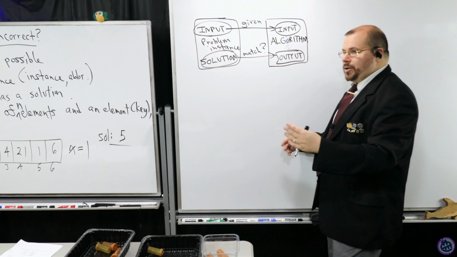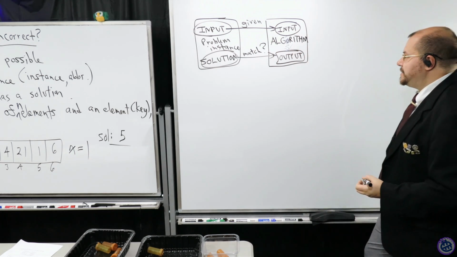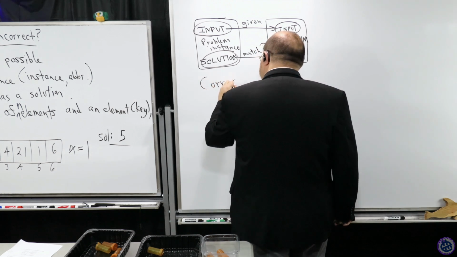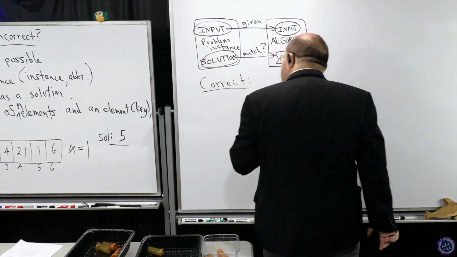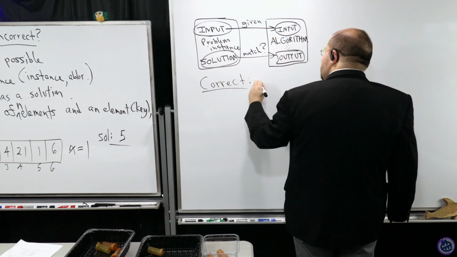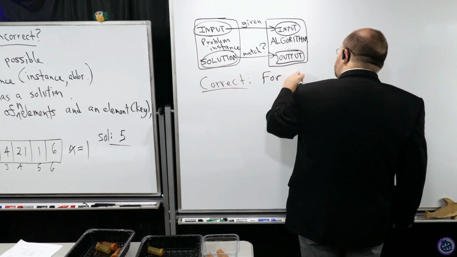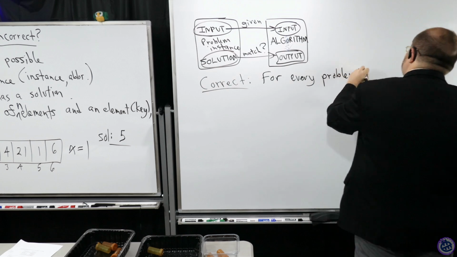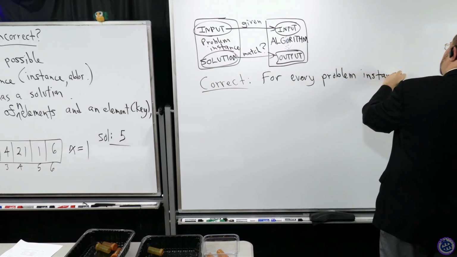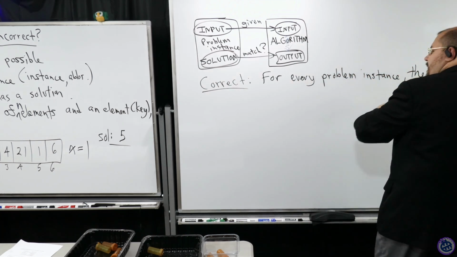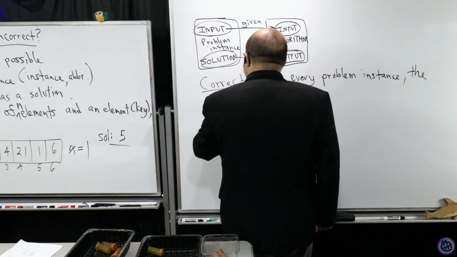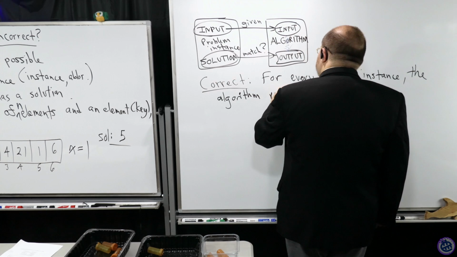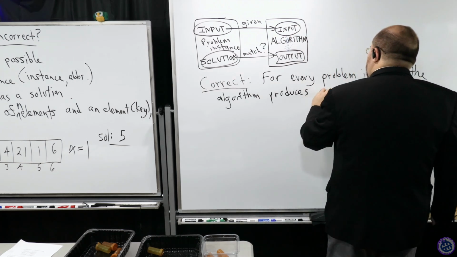Now let's put this in broader terms to make this a little easier for us to understand. So for an algorithm to be correct, it has to be that for every problem instance, the algorithm produces correct output, right?